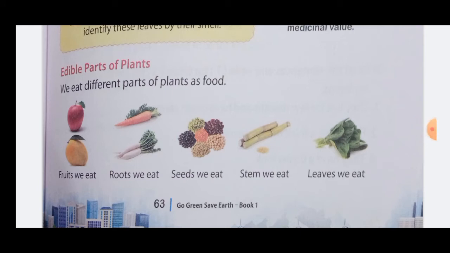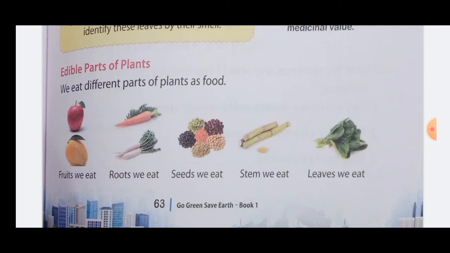Plants give us food like fruits, vegetables, cereals and pulses. First of all, I will discuss vegetables. We eat different parts of plants as vegetables like roots, stem, leaves, fruits and flower.